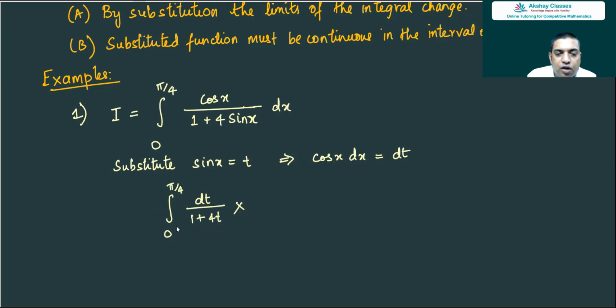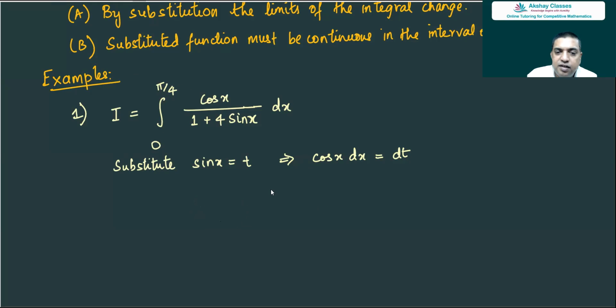This is wrong. Why? Because these 0 to pi by 4 were the limits on x. X is changing from 0 to pi by 4. When we write like this, it means that t is changing from 0 to pi by 4. So we cannot write it like this.